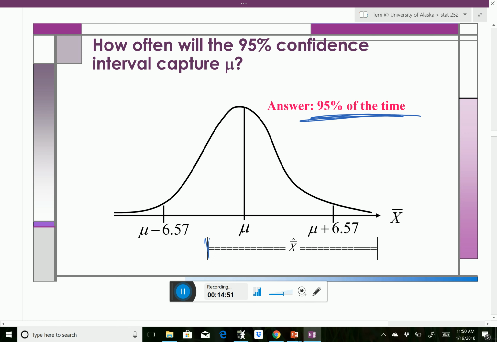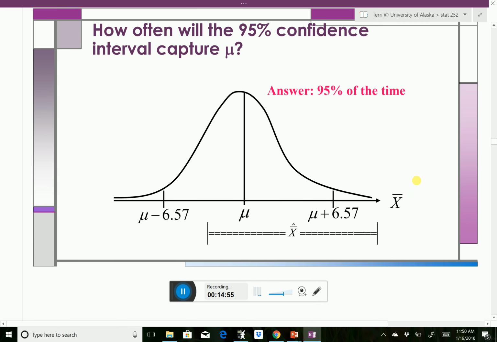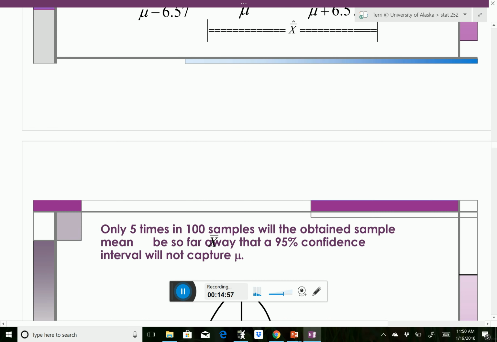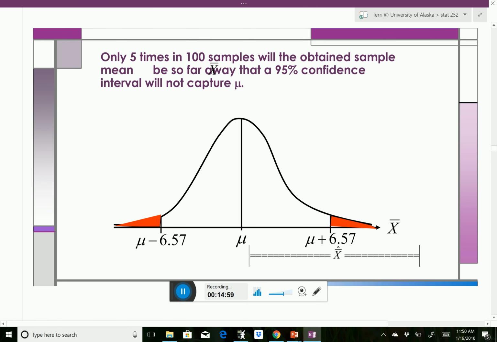So we're tossing this net and we caught it. And then here's another net that I've thrown. So 5 in 100 samples. I've tossed this net and I've ended up outside of the 95% area. If this distance is 6.57 and this distance is 6.57, it just misses it.